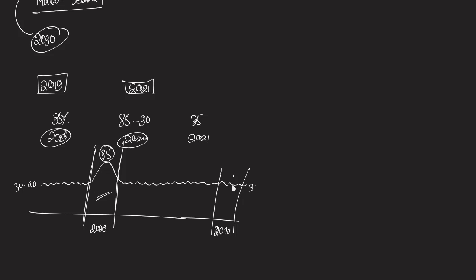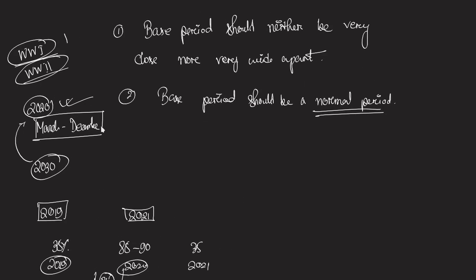So the increase or decrease is very low. So he kane enko abnormal period ami base period hisabe lobona lage, otherwise ami ekdom complete different scenario eta ami dekha pam. So that is another rule while choosing a base period, right?